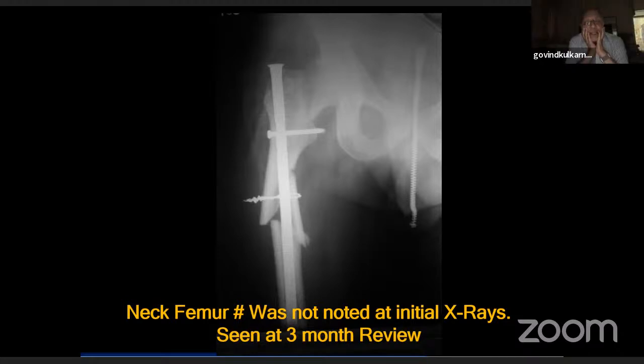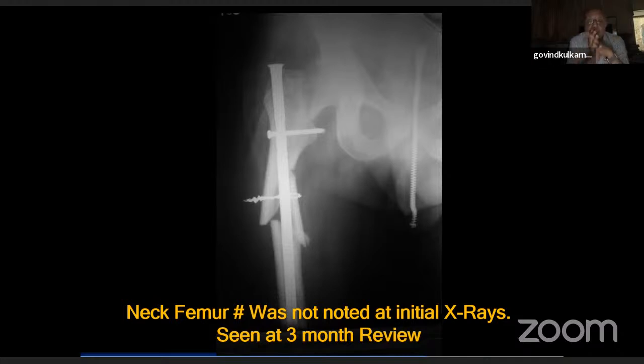Can I have a comment on this? Yes, sir. See, this is a nail wrongly used. This is not the nail for an intertrochanteric entry point. The piriformis entry point is needed, and that is one of the reasons why this has failed. Reduction was not proper, probably, and it is very difficult to say that he had a neck of femur fracture at that time.